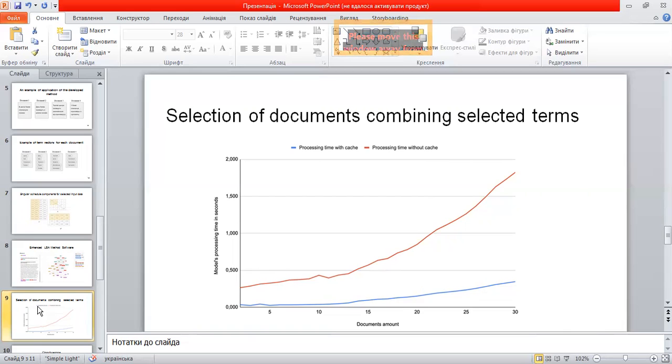Also, this panel contains two sliders with which the user can set limits on the number of topics and the number of terms that will be displayed as a result of the analysis in the system interface.